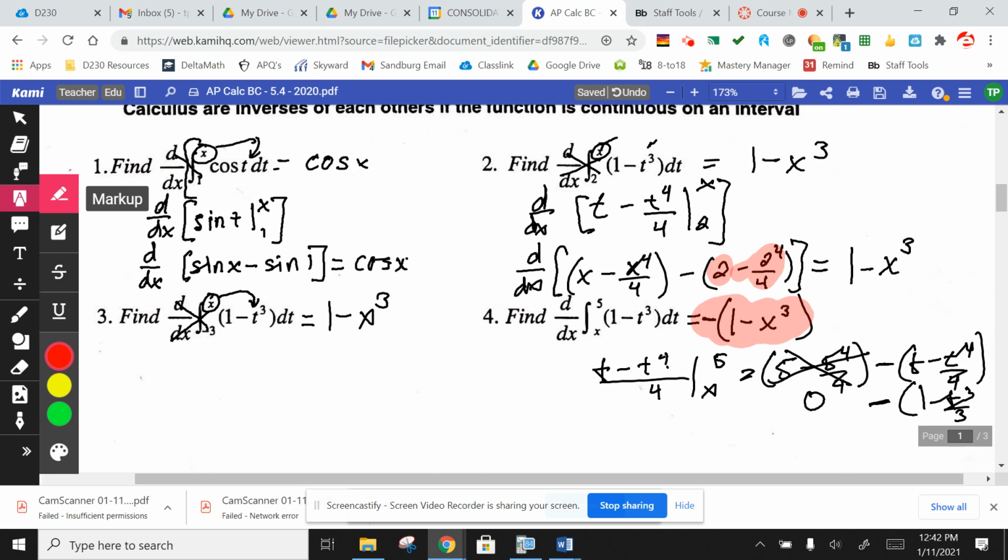The function I started with in number 1, the cosine, didn't I finish with cosine? But it just became a function of x. The function 1 minus t cubed is the same function I ended with, but it just became a function of x. So the function is not changing. The variable at which we're finding the value of that function is changing.